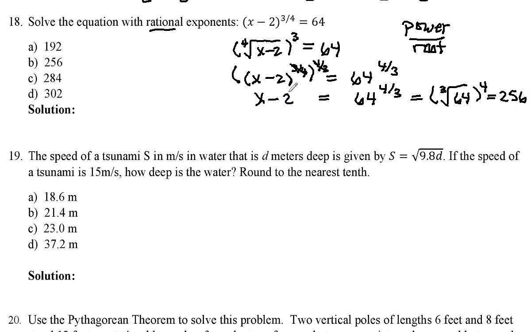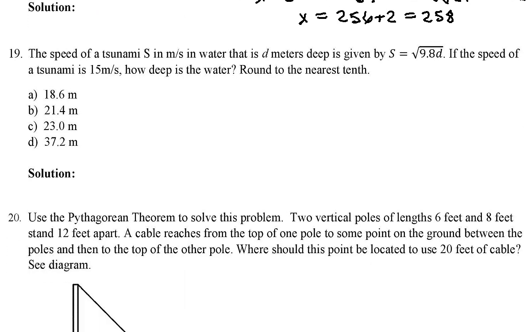And then add 2 on both sides. So your x is going to be 256 plus 2, which is equal to 258. And if we look over here, that is choice B, 258. So we're all set there.